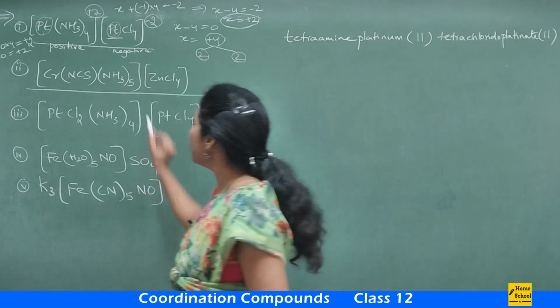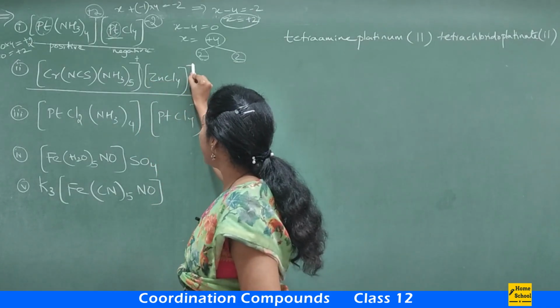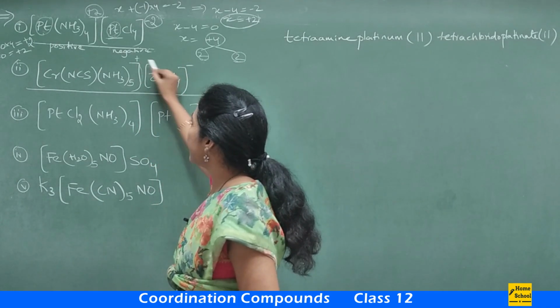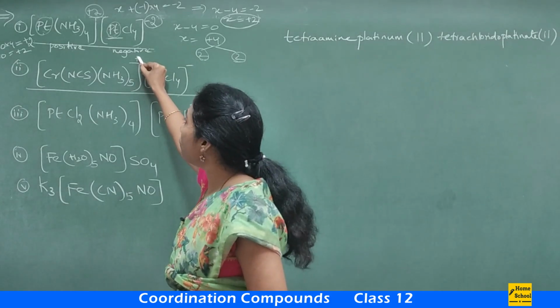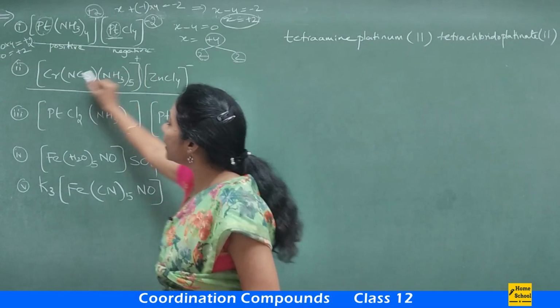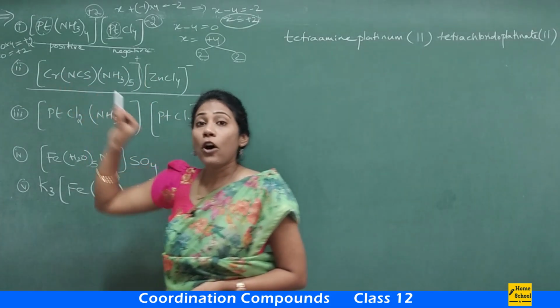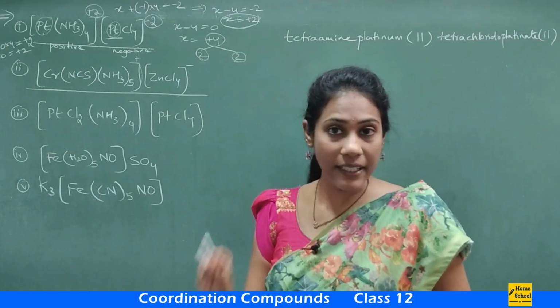Like I told you, the first written one is always positive and the next written one is always negative. We need to know whether it is plus 2 or plus 3. If you know what charge is there above, only then can you find out the oxidation state of the central atom. The oxidation state of the central atom you must compulsorily mention in the name.